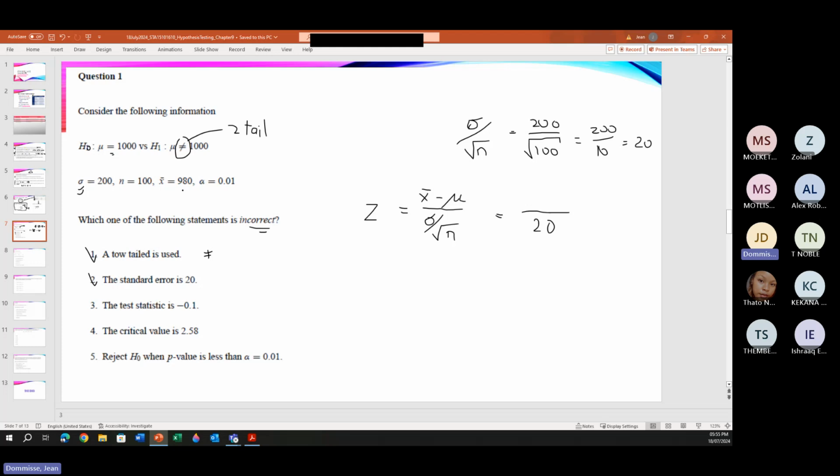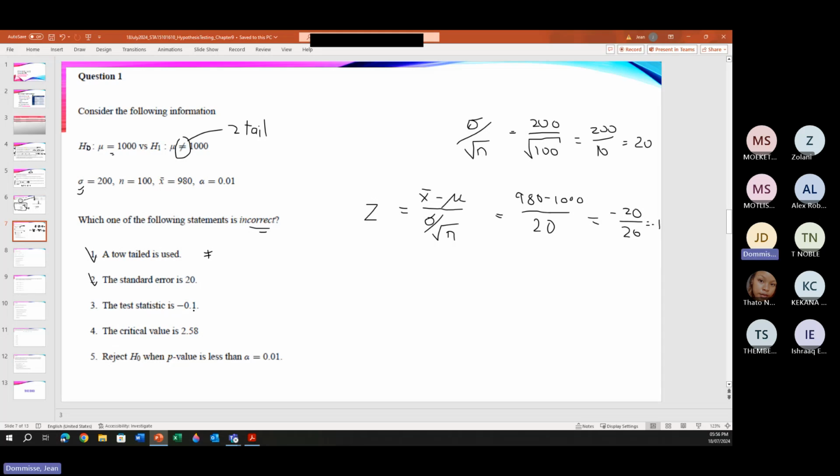Then our X is 980, and we test it against the hypothesis that 1,000 is very similar to the 980. So that will give us at the top minus 20, divided by 20, which gives us minus 1.